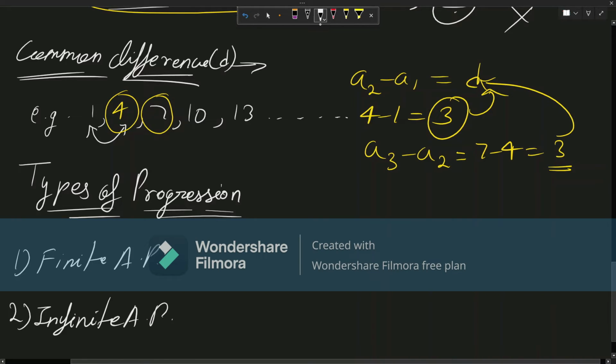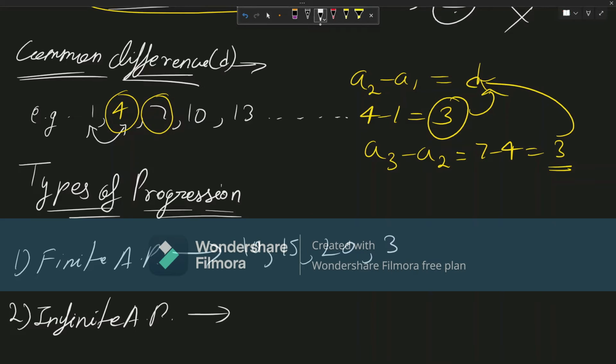Now long story short, basically it means if they have given you a sequence like 10, 15, 20, 25 and 30, here you can see that the series ends after a finite number. The ending point of this sequence is 30.